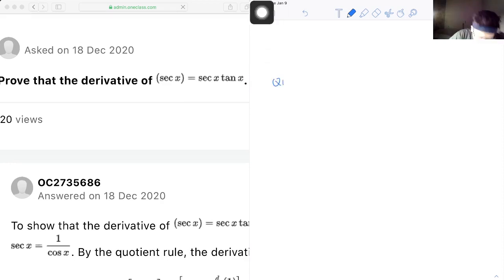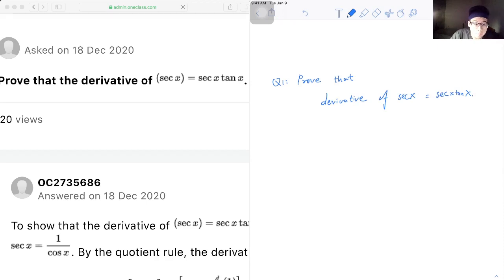Alright, so the first question is asking us to prove that the derivative of secant x is equal to secant x tangent x.